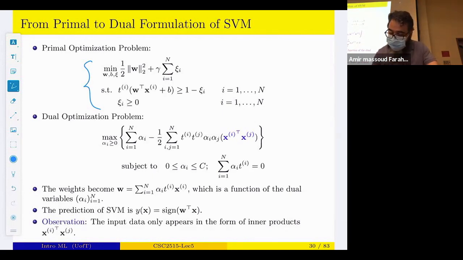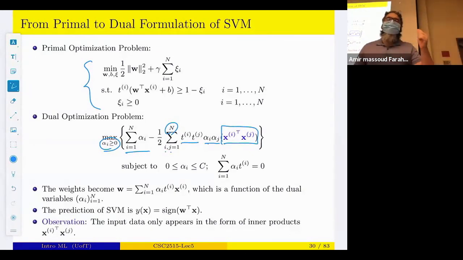So it would be maximum over positive alphas of the summation over alpha i's minus summation over i and j from 1 to n of t_i, t_j, so target for data point i, target for data point j, so it's either positive 1 or negative 1, times alpha i times alpha j, times this term, which is x_i transpose x_j. So x_i is the input of ith data point.